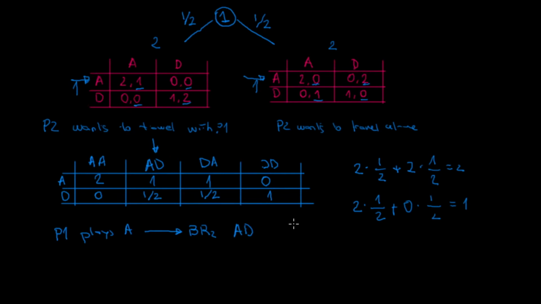So the best response of player 1 is Australia. We can see that player 1 plays A and the best response is A, so this is a Bayesian Nash equilibrium.